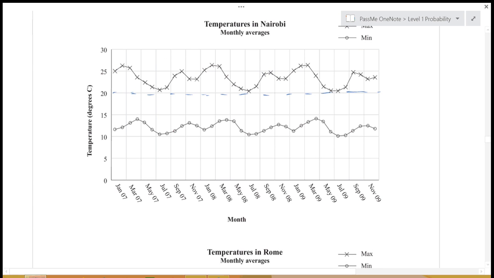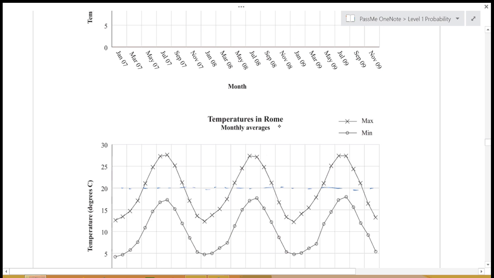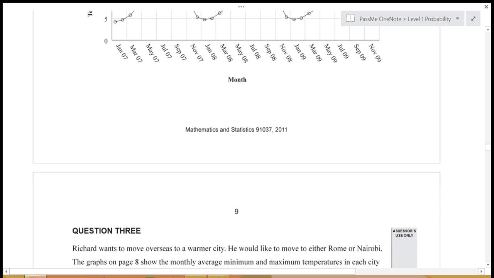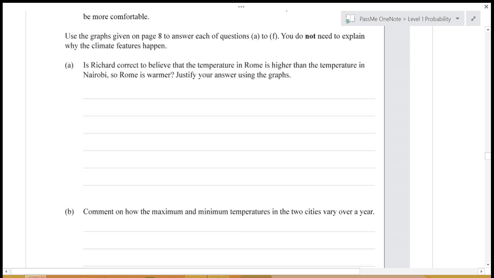If we also look at minimums, the average minimum in Nairobi never goes below 10, but the average minimum in Rome is below 10 half of the time. So, sorry Richard, you really got that one wrong there.